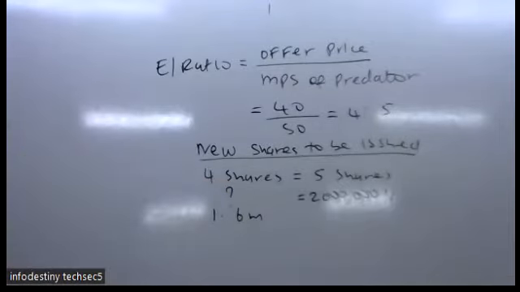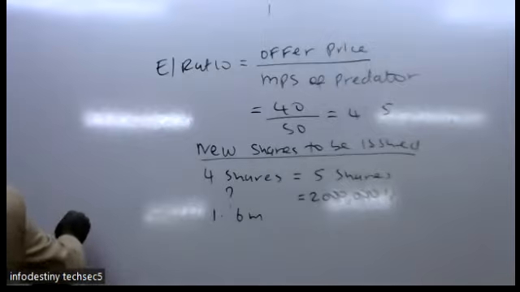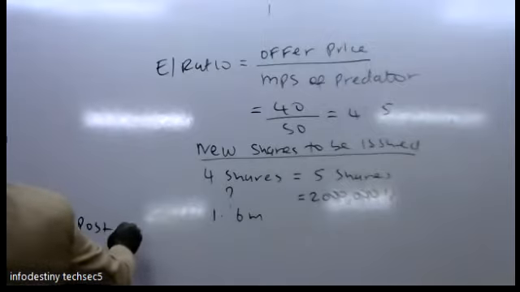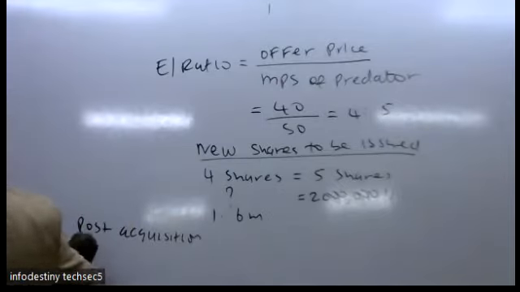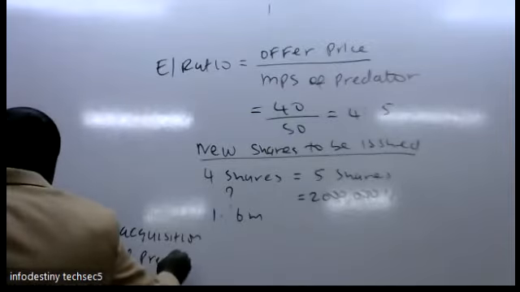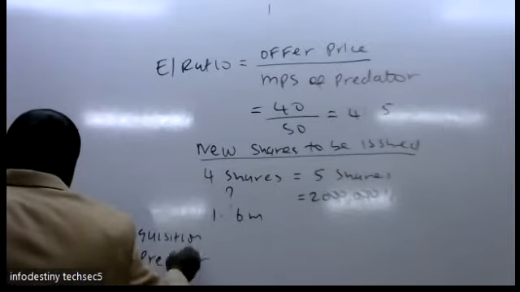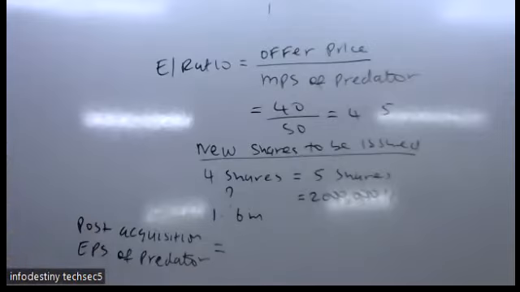So we are computing the post-acquisition earning per share of the predator. It is given by the combined earnings divided by the number of ordinary shares of the predator plus the new shares to be issued.